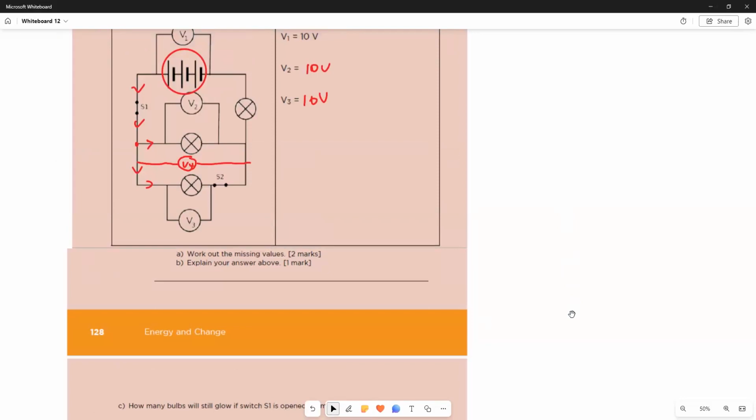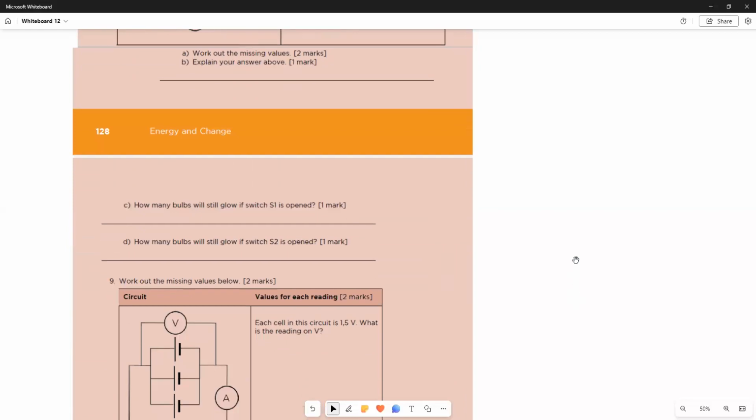Let me see. So this guy here is open, right? Which means the current cannot flow on this path here because there's an open space there. So that only two bulbs are going to glow because the current will now be flowing this way. Perfect.